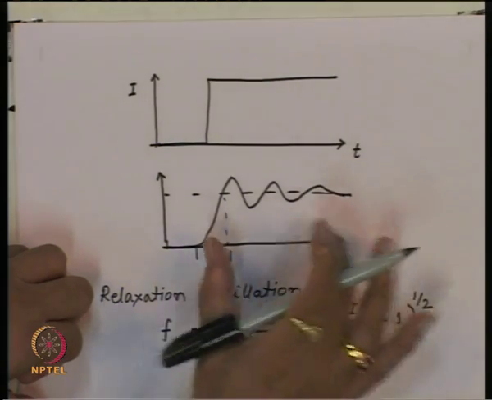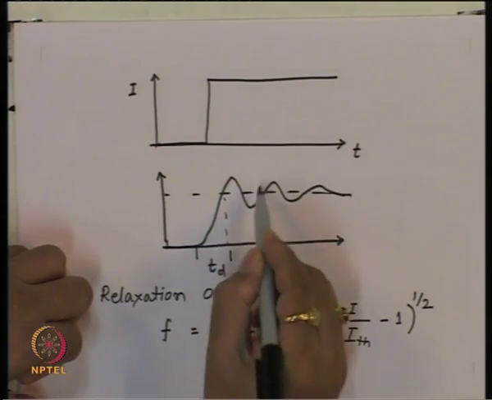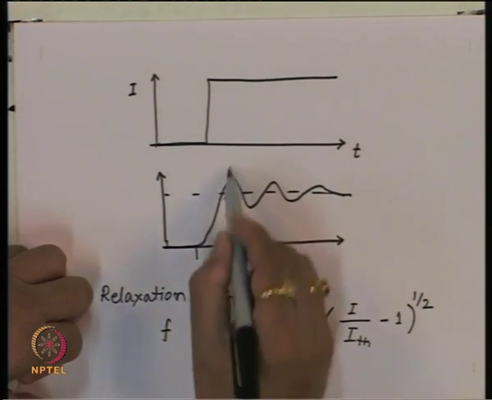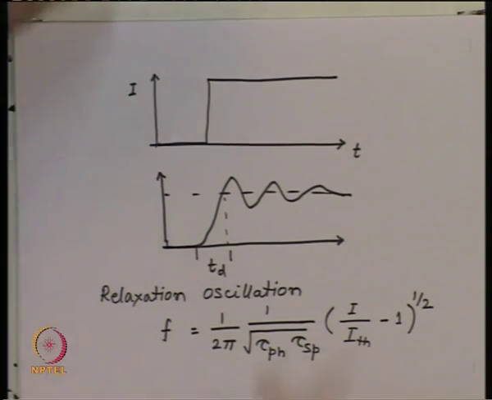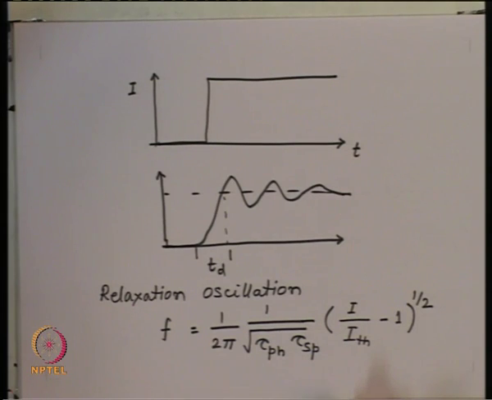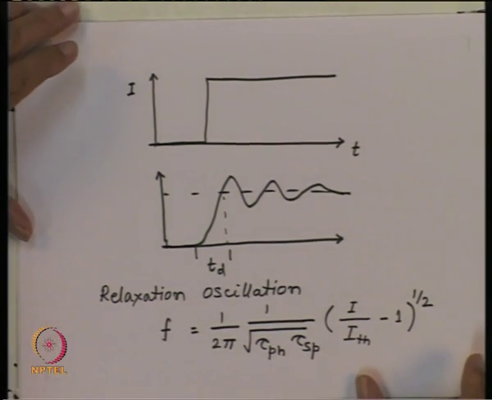But if that period is smaller compared to this, then essentially you will not get a flat top pulse, but there will be some distortion on the pulse. So, this is a phenomenon which puts some kind of restriction on the operation of lasers, right, when we try to switch the laser on and off for digital modulation.